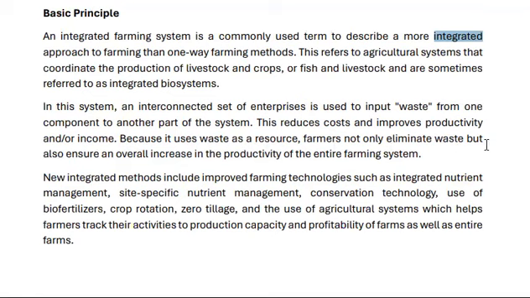Farmers not only eliminate waste, but also ensure an overall increase in the productivity of the entire farming system. Yun nga, paulit-ulit lang, sinamarize lang dito, that the waste materials or waste products that are produced in the production of one produce or one system is used as an input for the production of another system.